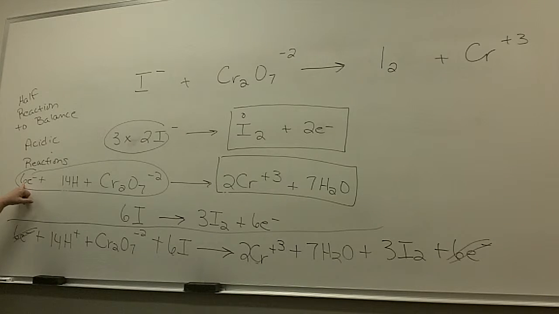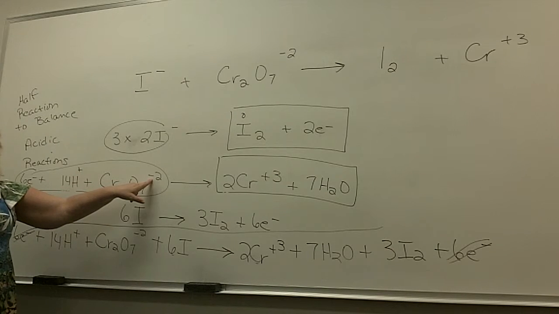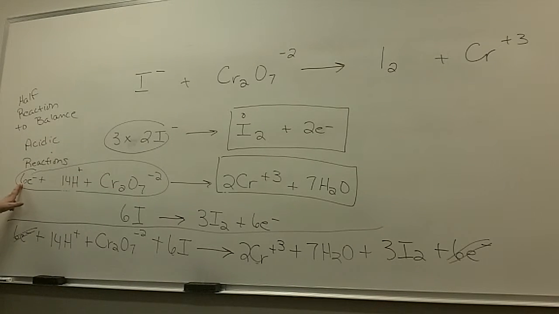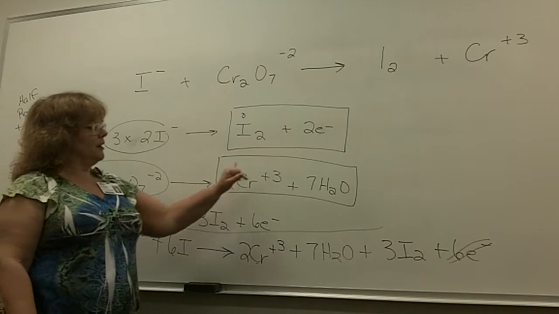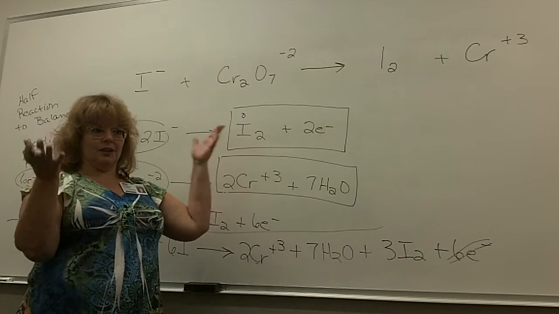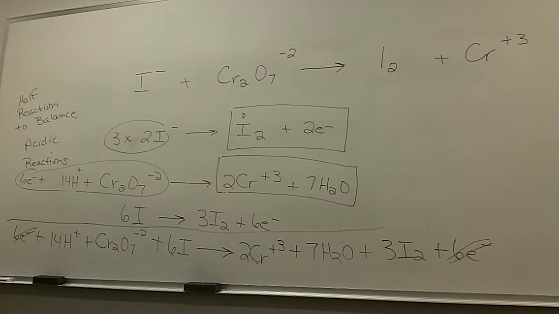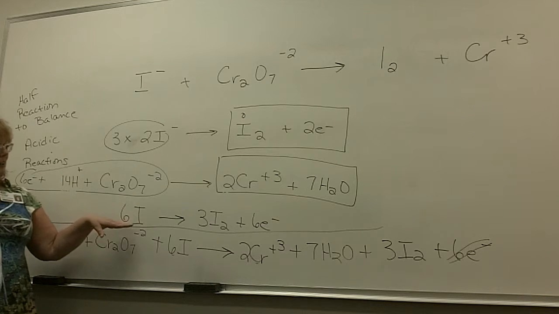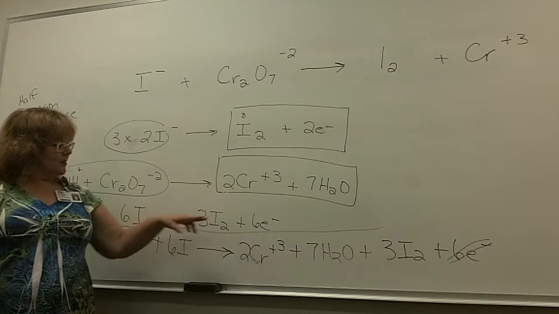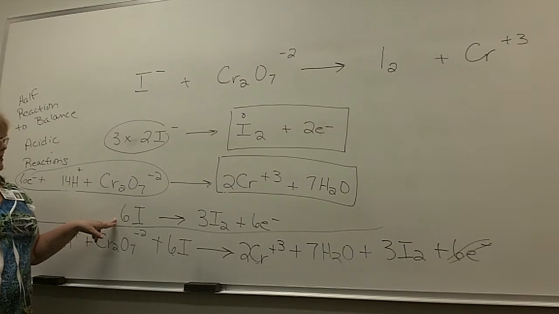So it's 14 times +1 is 14, minus 2 is 12, minus 6 is 6. And over on the other side we have 6 positives. You have to get the same number on each side, the same number of electrons. Just like when we had this, we had to get 6 electrons on either side as well.